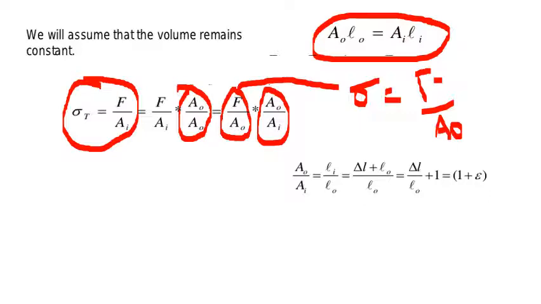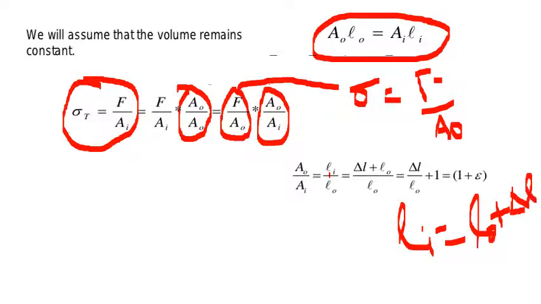Now if we calculate this A naught by Ai, again rearranging these terms, we can write A naught by Ai is equal to Li by L naught. This Li by L naught can be written as delta L plus L naught, meaning Li is nothing but the increase in the length plus the original length L naught. What is the increase in the length?